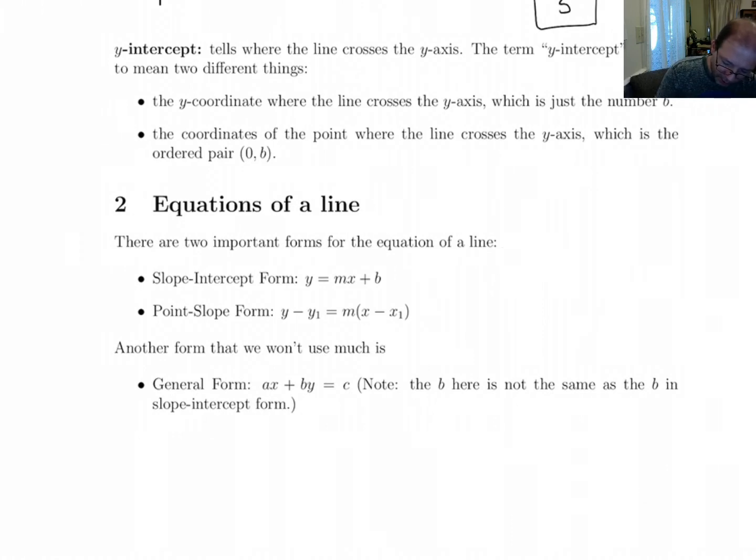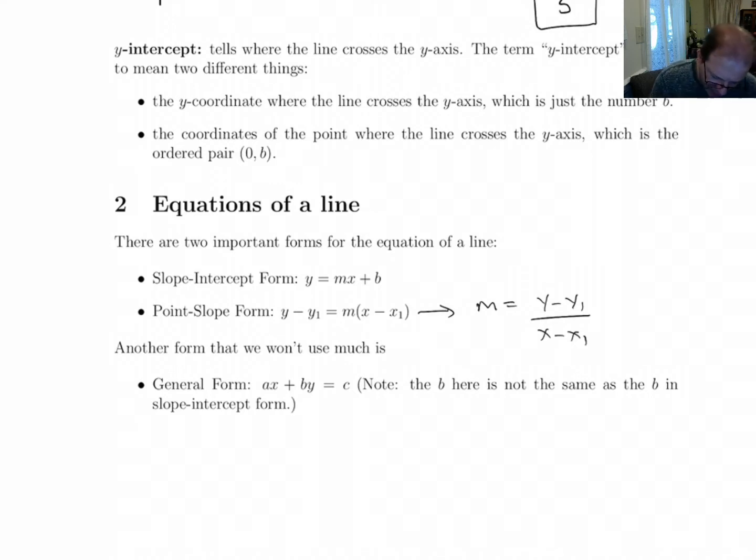If you take the slope definition and multiply both sides by x minus x1, you get y minus y1 equals m times x minus x1, or m equals y minus y1 over x minus x1. And that's useful for writing the equation of a line if you're given a slope and a point. That's why it's called the point-slope form.